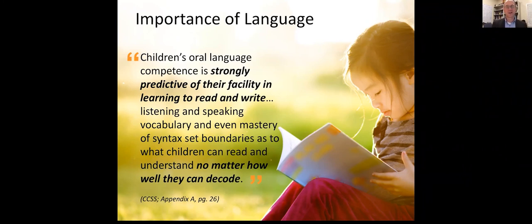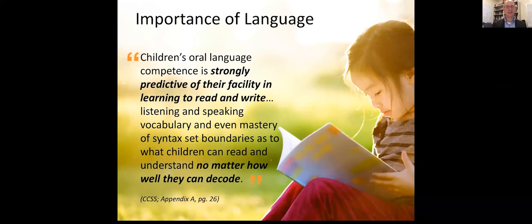This is a crucial piece to understand, because it highlights the distinction between the two constructs of decoding and language. You really could learn how to decode something reasonably well with fluency, yet still not understand what it is that you're decoding.